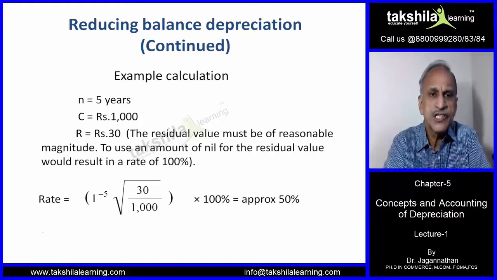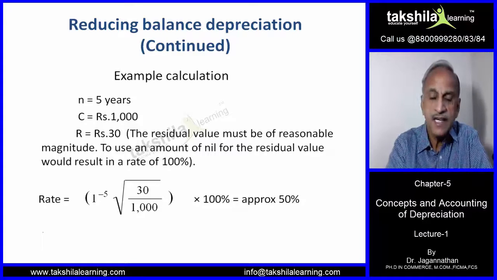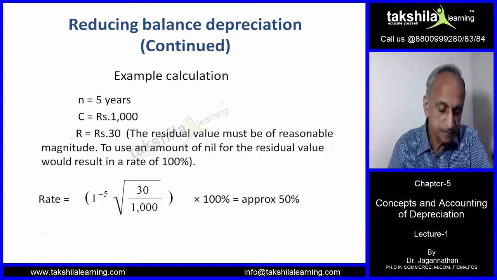Example for calculation: 5 years, 1000 rupees the cost, residual value is 30 rupees. This is how it is calculated: 1 minus the fifth root of 30 over 1000, correctly speaking.